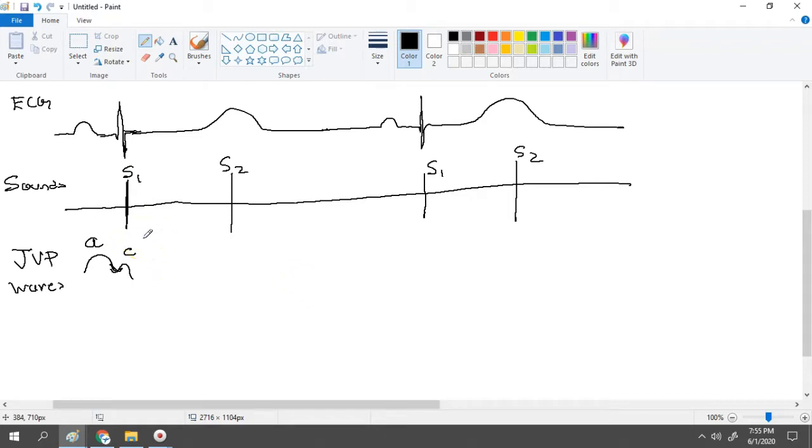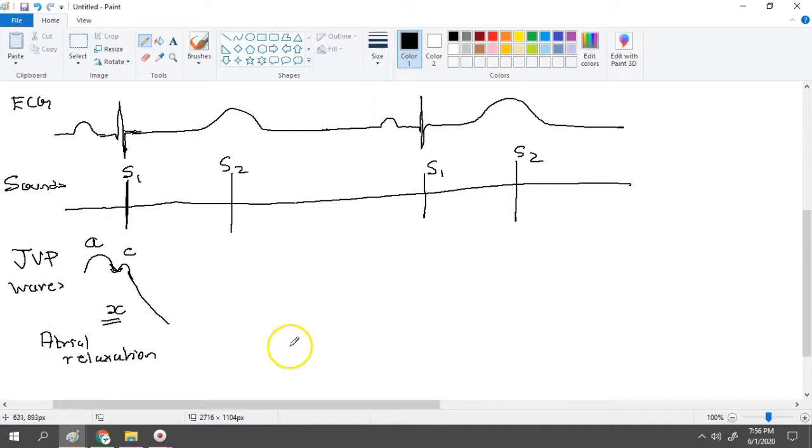So, what happens to the jugular pressure after that? The jugular pressure starts to fall, because at this point the atria is relaxing. So remember atrial relaxation. If somebody asks you why the pressure is falling during the X descent, it is atrial relaxation.